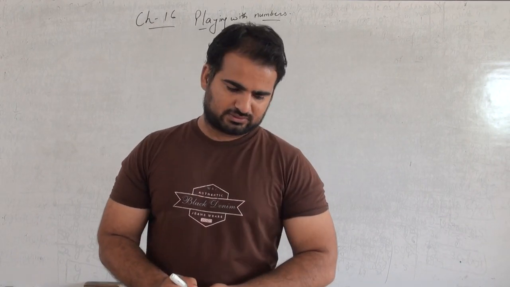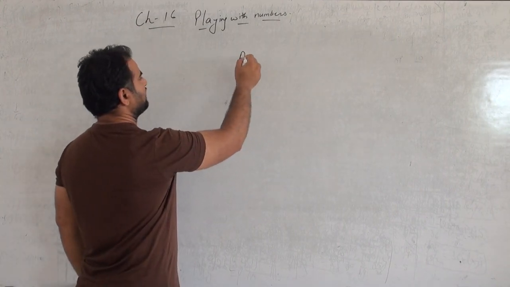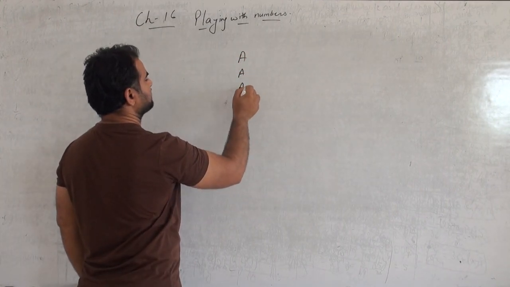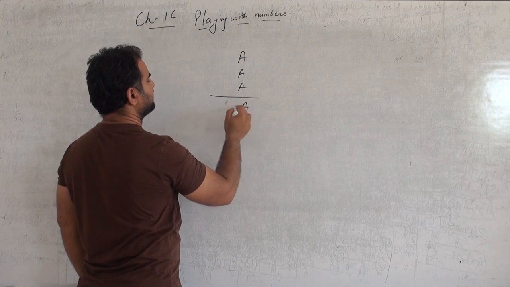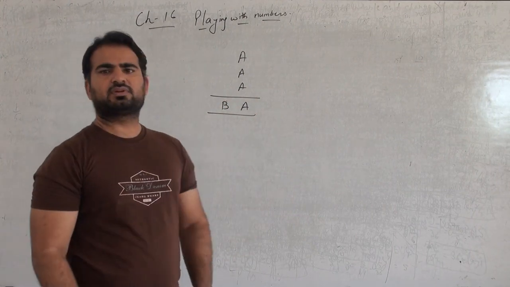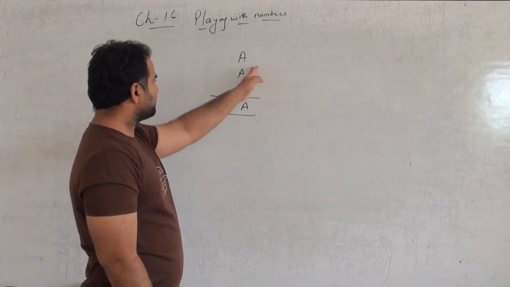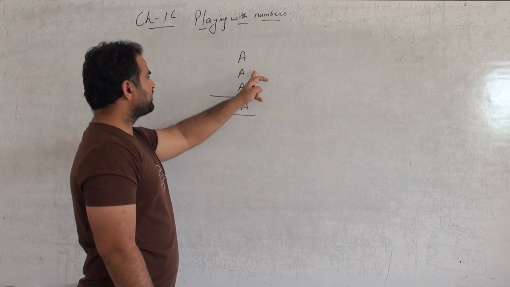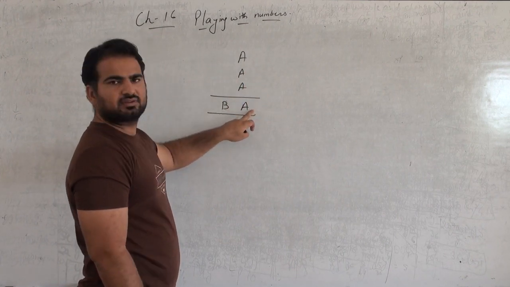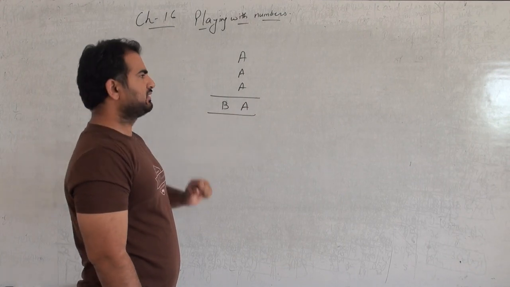Like the question is a plus a plus a gives b as answer. So what we have to do, we have to just guess the number, that which three numbers should be added that gives again this number at units place.